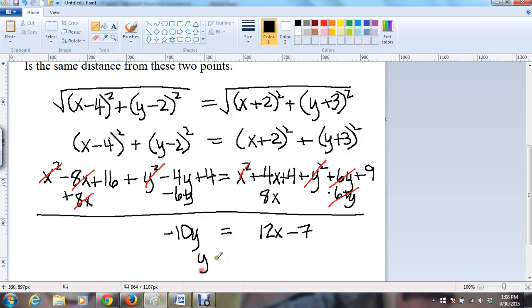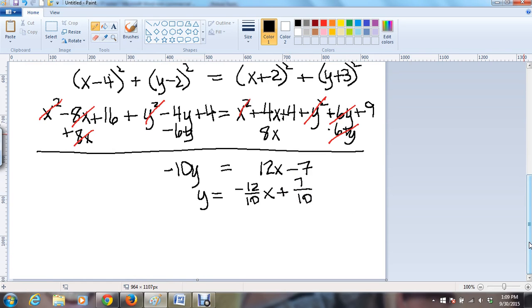So y equals negative 12/10 x plus 7/10. And of course you would want to reduce that fraction. So it would be y equals negative 6/5 x plus 7/10. So now it's in the slope-intercept form, which is what I wanted.